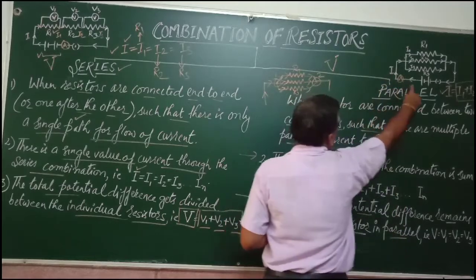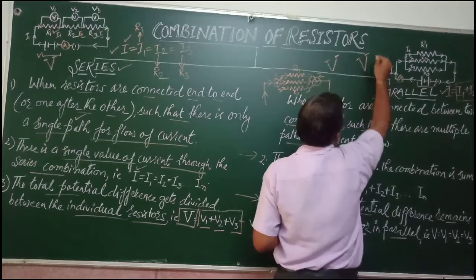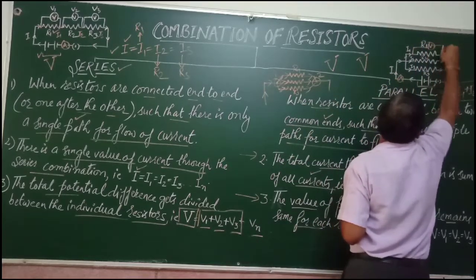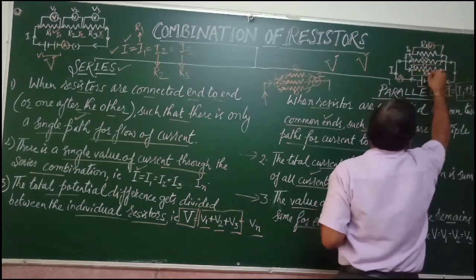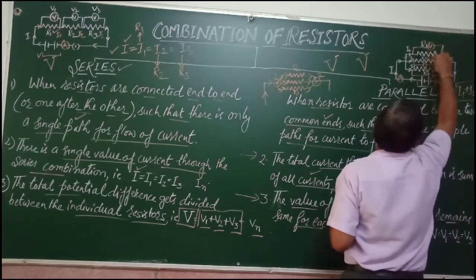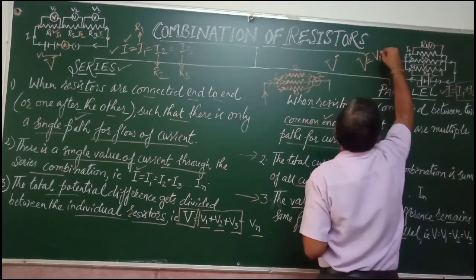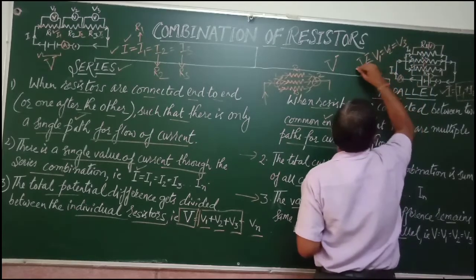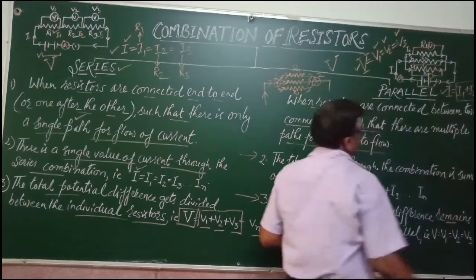Suppose the battery is giving a potential difference of V. So when we measure the potential drop across R1, R2, and R3, and these are V1, V2 and V3, we come to the conclusion that V equals V1 equals V2 equals V3, such that the total potential is available to each individual resistor.